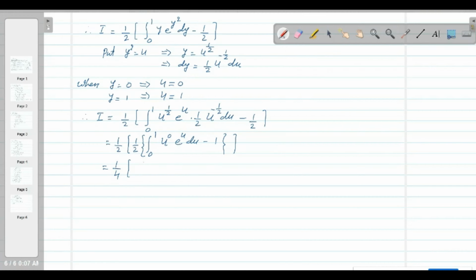and integration of limit 0 to 1, okay, and e raised to u du minus 1, okay, this equal to 1/4 e raised to u and provide limit 0 to 1 and -1, okay, big bracket.